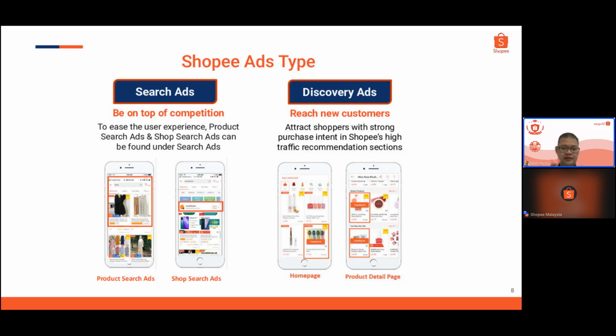When we scroll down a bit more, we will see the product you may also like. From there it will help us to increase the exposure also. So for me, the search ads and discovery, we can combine them together to get higher exposure.